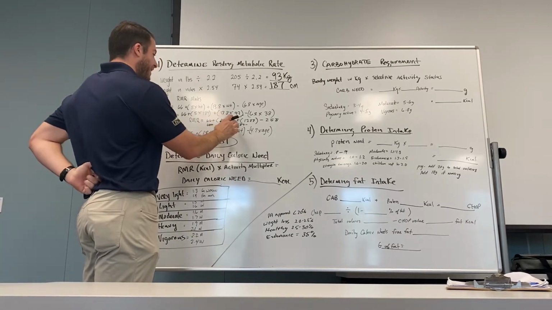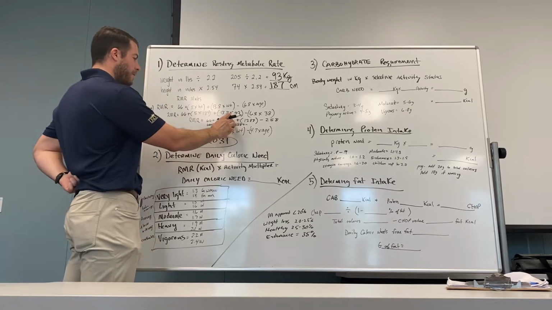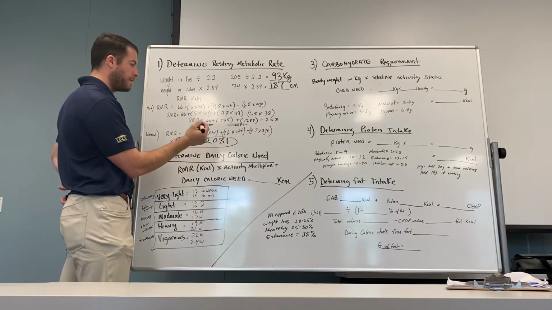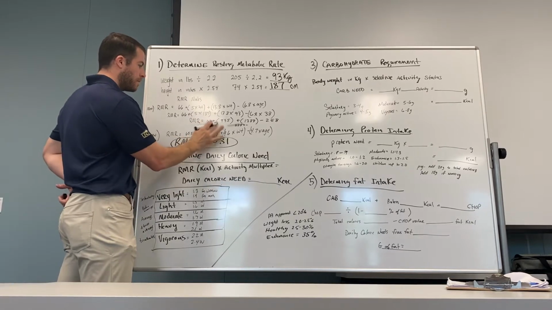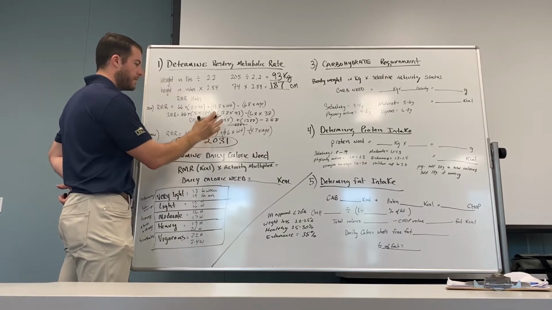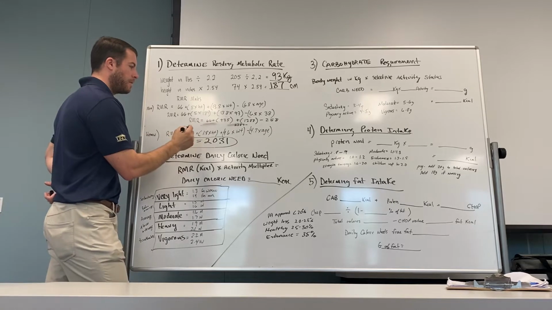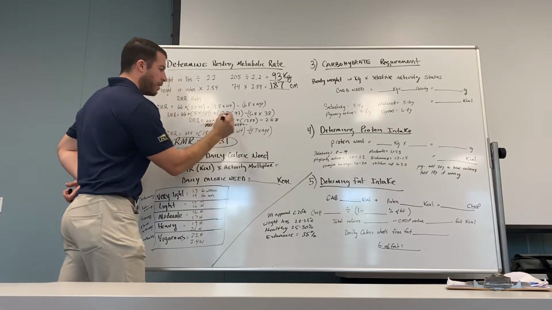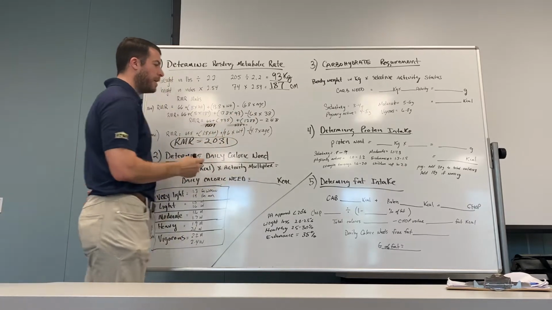So we have 66 plus 935, which is 1001, plus 1288 minus 258.